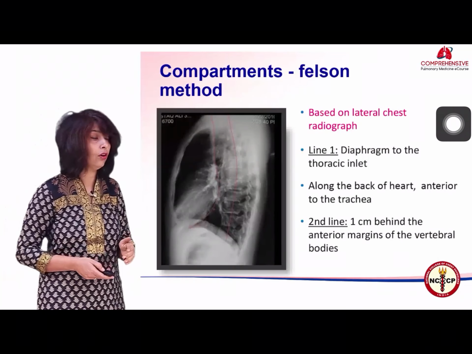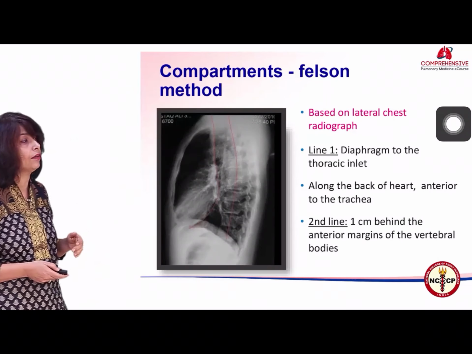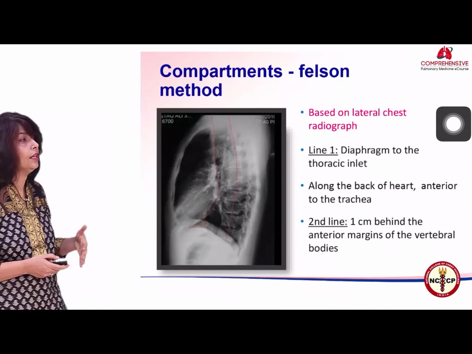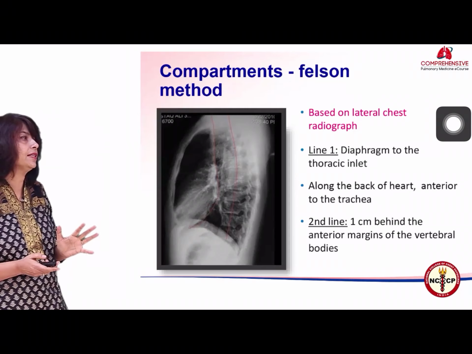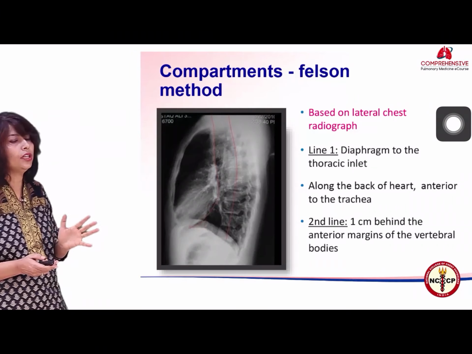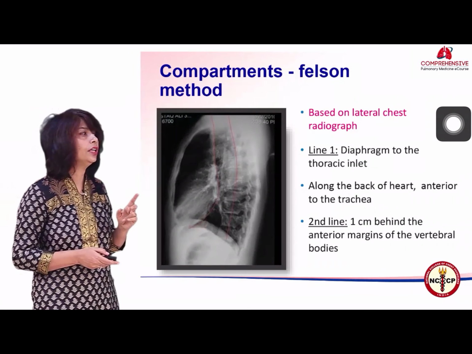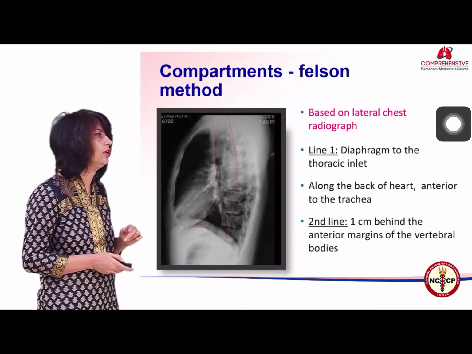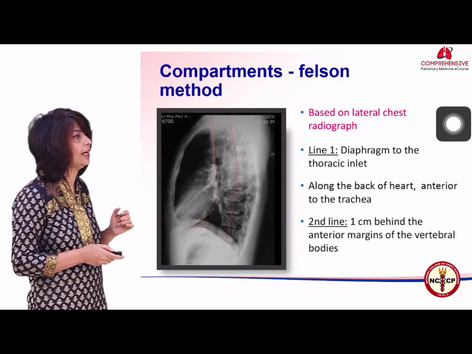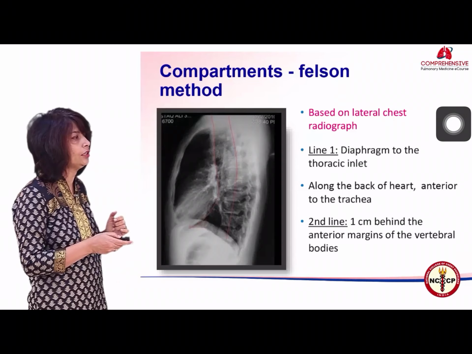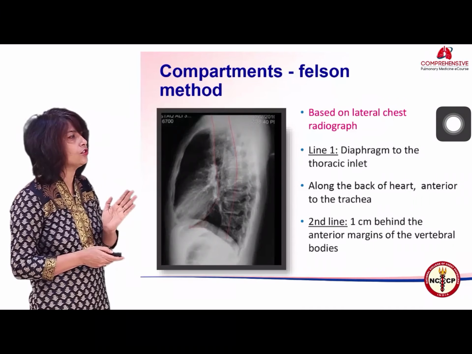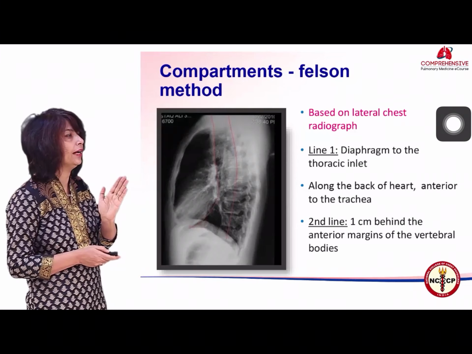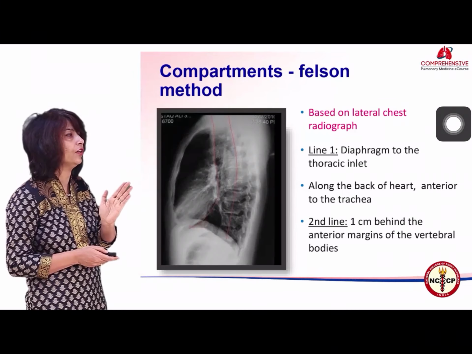Those of you who follow Felson's textbook or are familiar with Felson's method, this is a little different, because Felson's method places the heart into the anterior mediastinum. So, here also two lines are drawn, but the first line runs from the border of the trachea to behind the heart, and line number 2 is drawn 1 centimeter behind the anterior margins of the vertebrae.